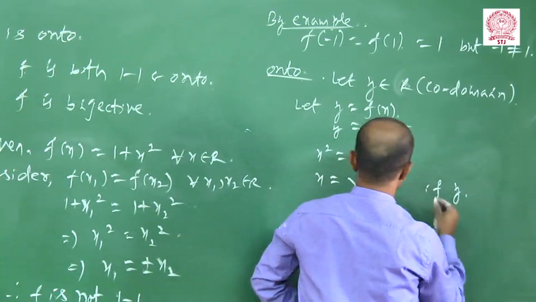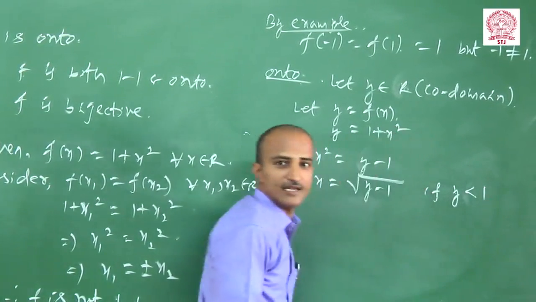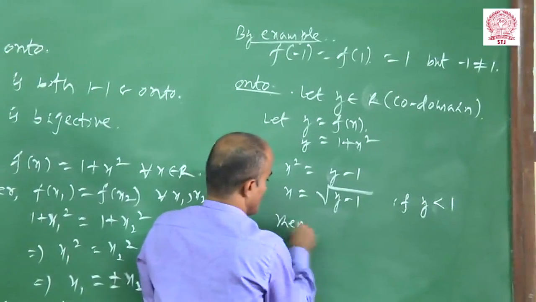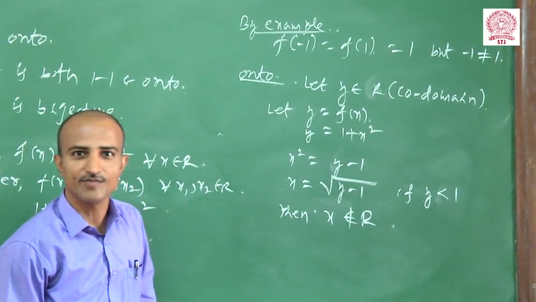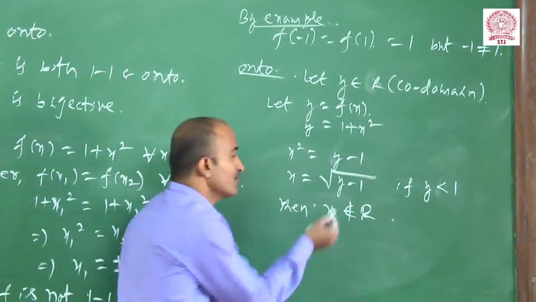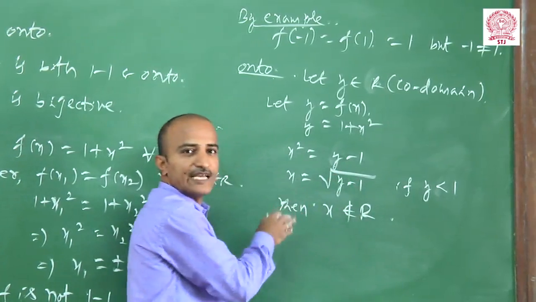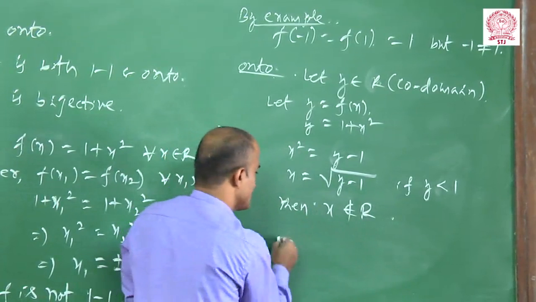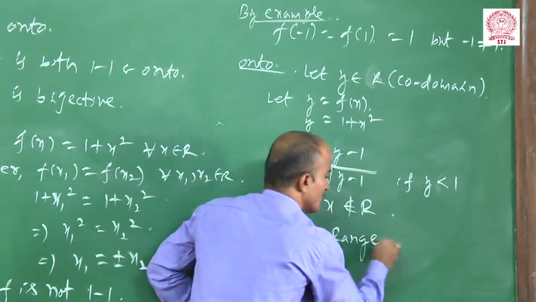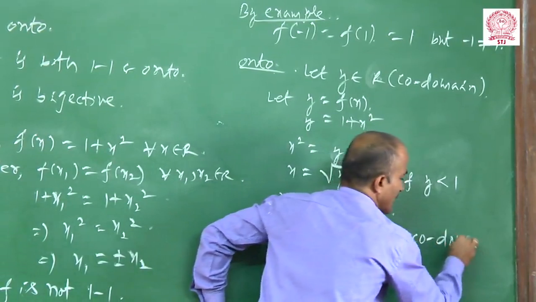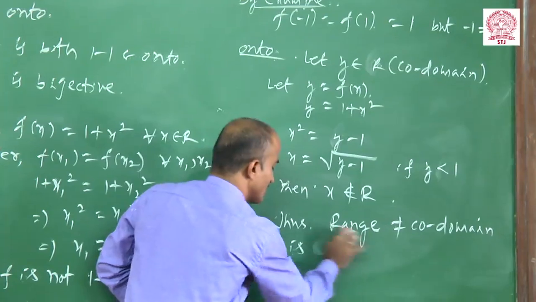If y is less than 1, then x does not belong to the set R. Means some elements of the codomain do not have pre-images in the domain, which means range is not equal to codomain. Therefore f is not onto.